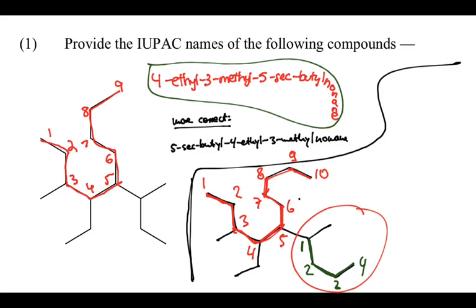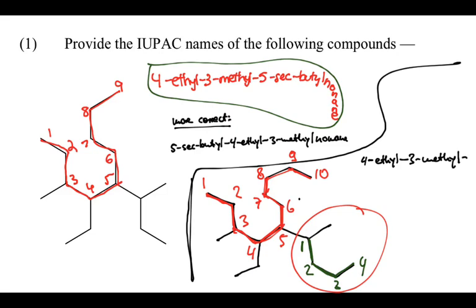Okay? So then we assemble the whole name. Let's see, we have enough space to write it. The ethyl comes first in the alphabet, right? So we say 4-ethyl. And then the methyl comes next, right? 3-methyl.